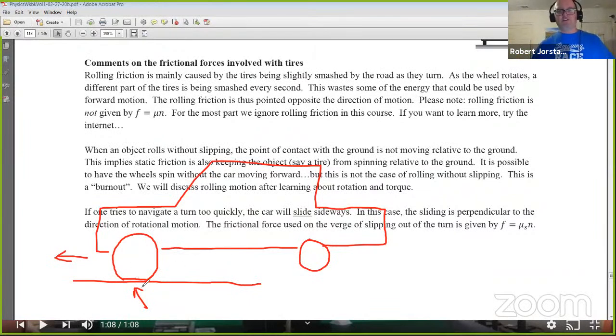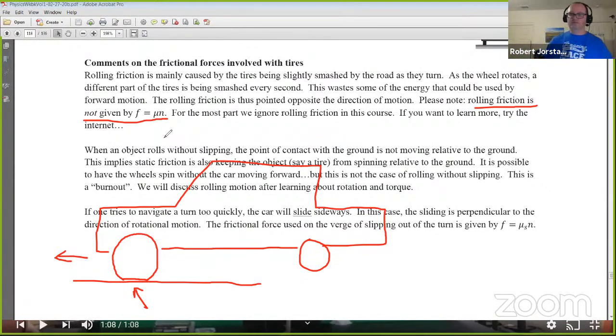There's a type of friction associated with that squishing and unsquishing. That's called rolling friction. Rolling friction is not given by friction equals mu times the normal force. That's sliding friction. Now, imagine if all the cars in every physics problem jacked up the air pressure in their tires so that squishing was negligible. That's what we are going to assume.